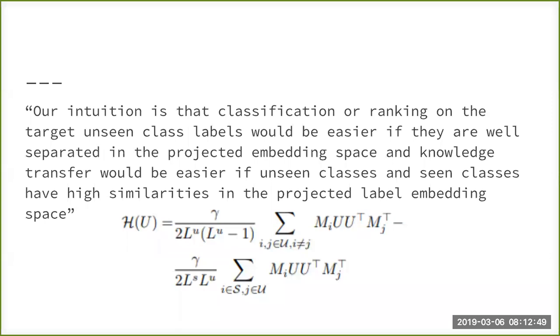As far as I understand, they kind of take most of the space this way, so they will spread their seen labels kind of evenly across the space.